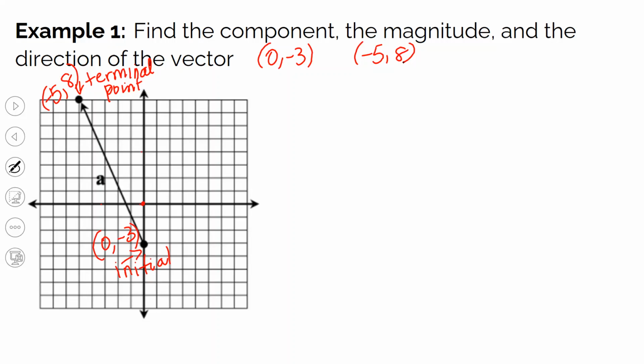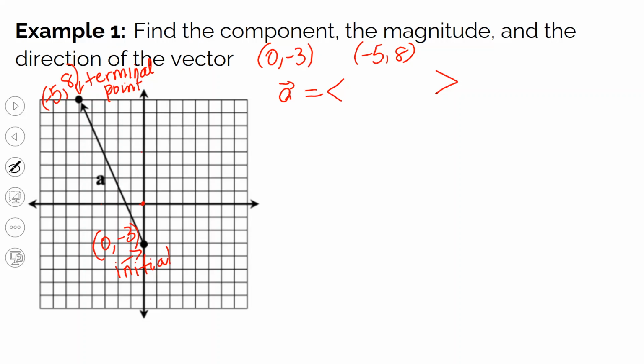To now find the component of A, and because a vector is a physical quantity with magnitude and direction, as you already know, to find the components all we need to do is subtract the x's and the y's of the initial from the terminal.